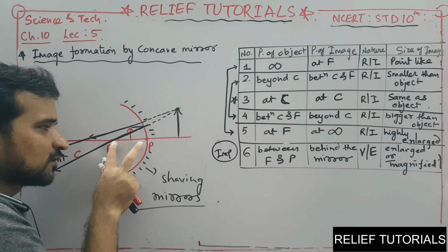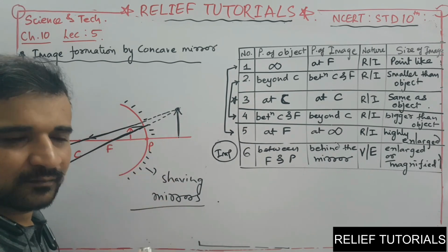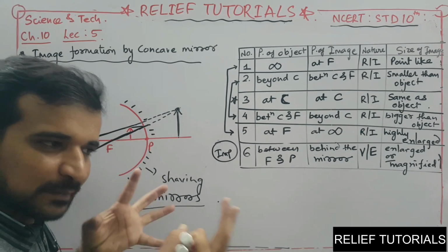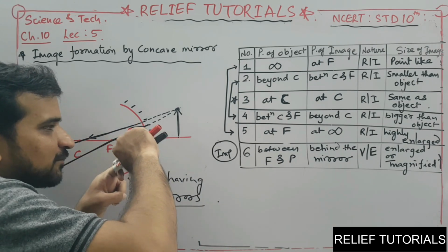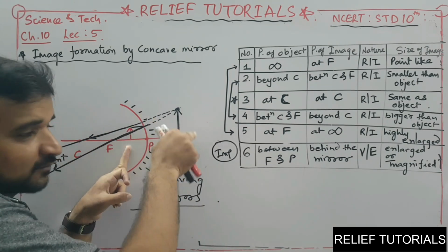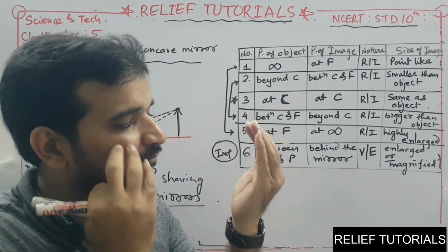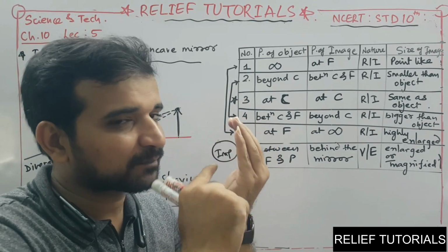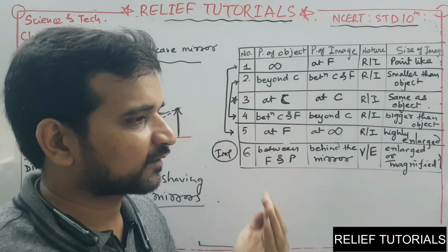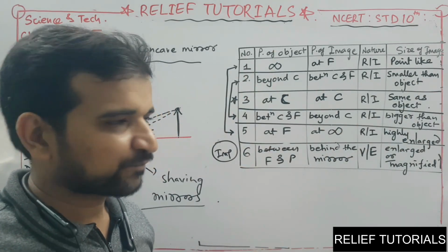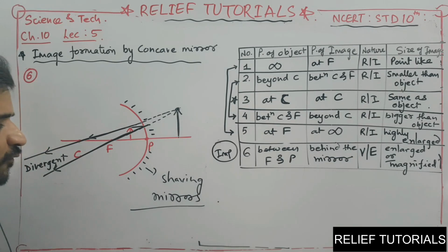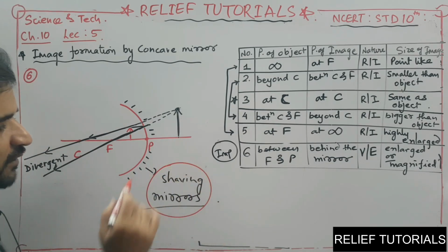When my face is between F and P, I can see my image behind the mirror larger. So I can see my face larger when I place my face between F and P of this mirror. So this is one of the uses of the concave mirror, that is, use in shaving mirrors.